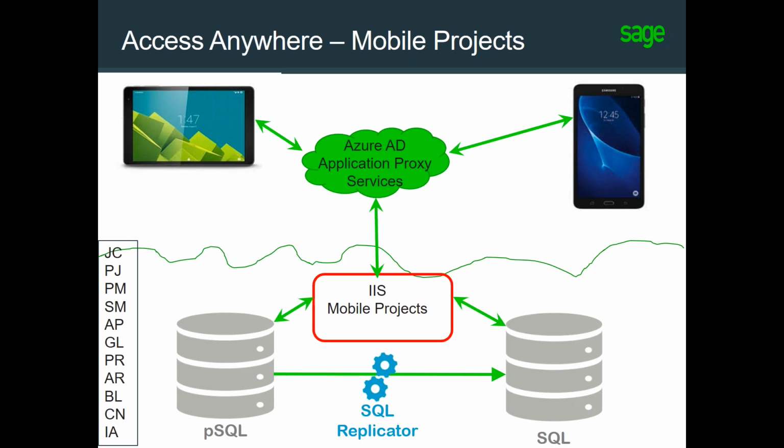And that data goes back and forth from mobile projects. So as data gets entered in those mobile devices or through those websites, that information flows right back into our Pervasive and SQL databases. So think of it this way: if somebody enters a new RFI from the field, that data will be automatically updated inside your project management application once they hit save.